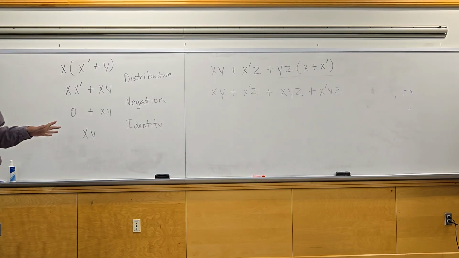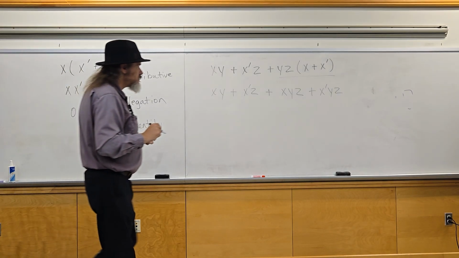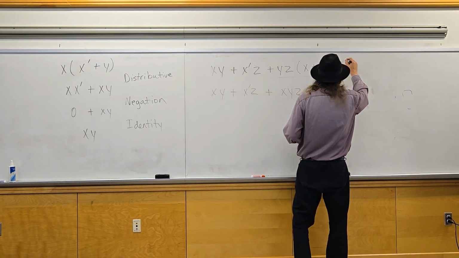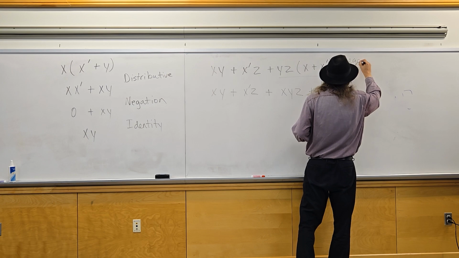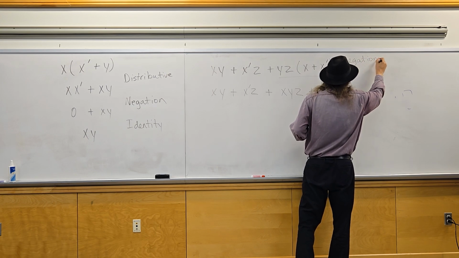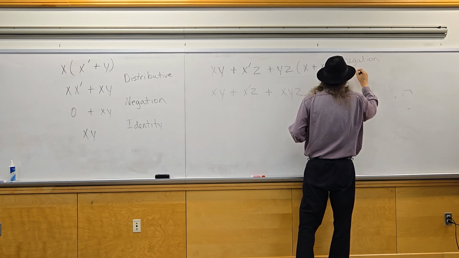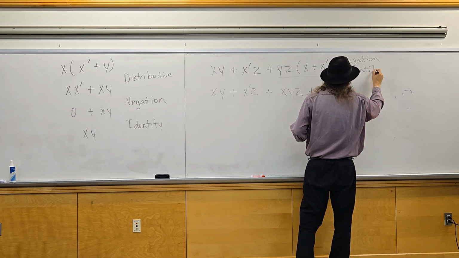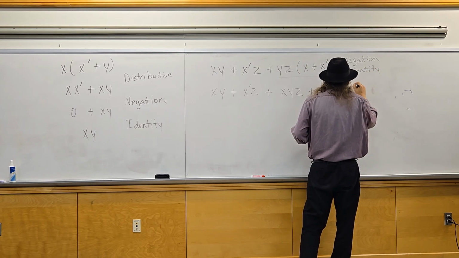Okay? So that is the distributive law. This is negation and identity. And this is distributive.